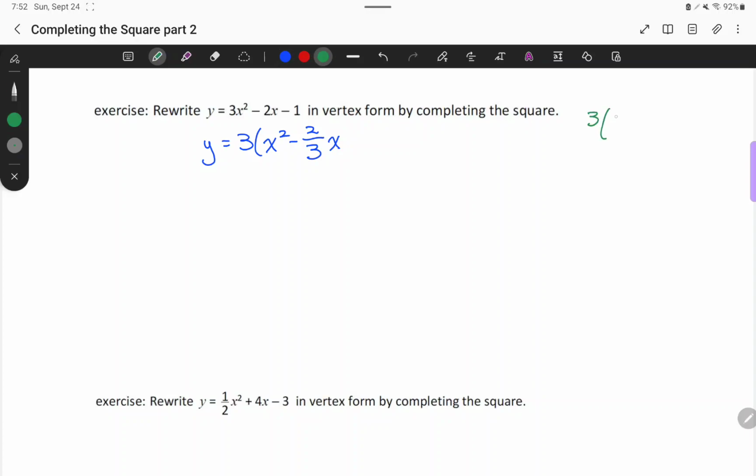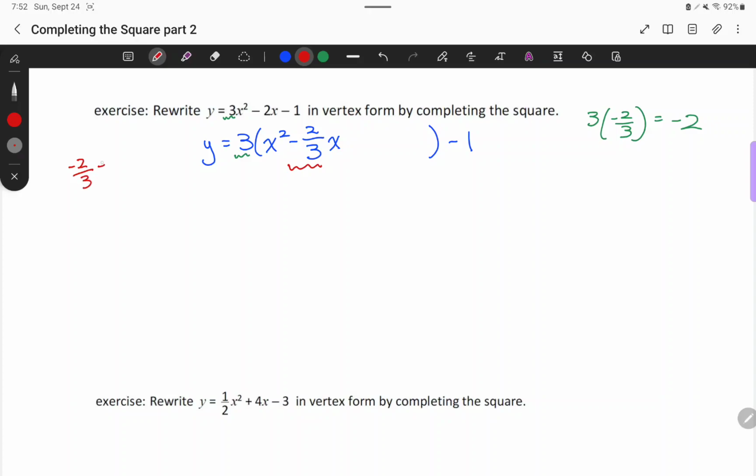3 times -2/3 will give us the -2. So I'm factoring out that 3 because I need to have the 3 factored out, so we have an x squared. All right, we're going to figure out what we need to add and subtract. We'll do that after. I'm going to leave the -1 on the outside. Now we look at our b term, -2/3.